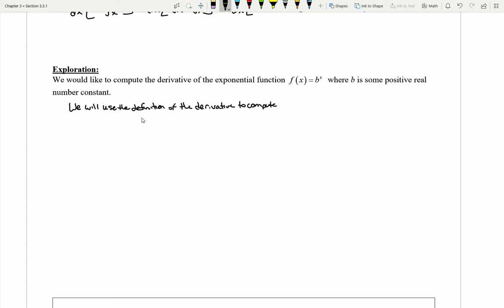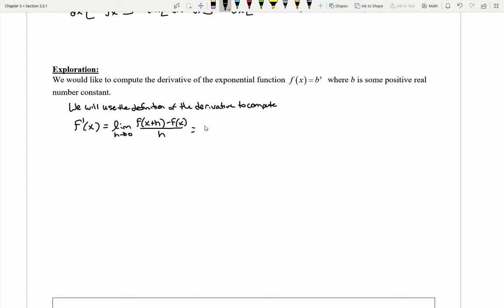Let's see. I'm going to see that f prime of x would be given by setting up a limit as h goes to 0, and I would have here f of x plus h minus f of x over h.